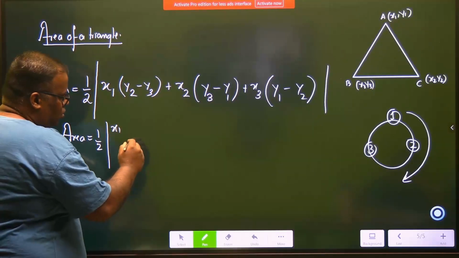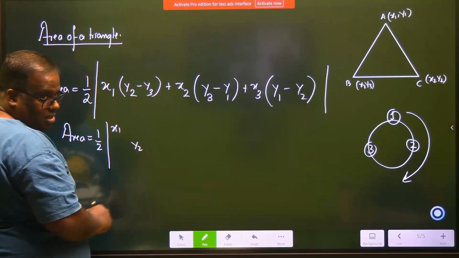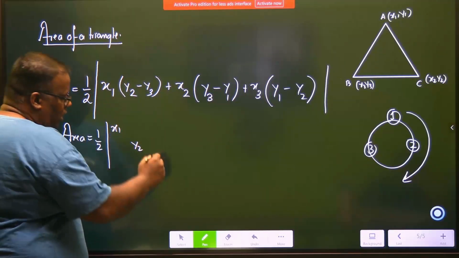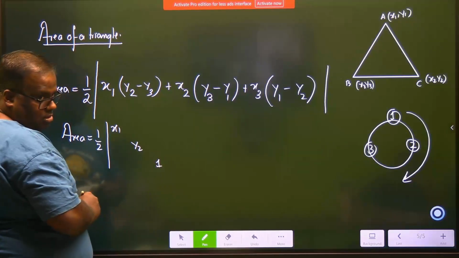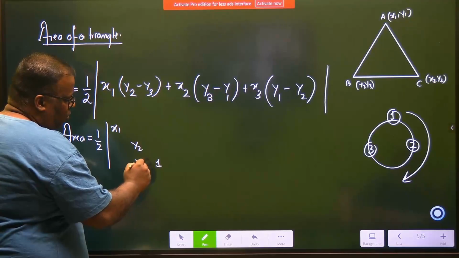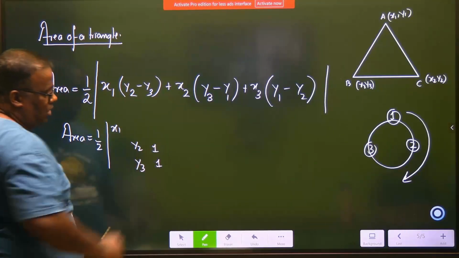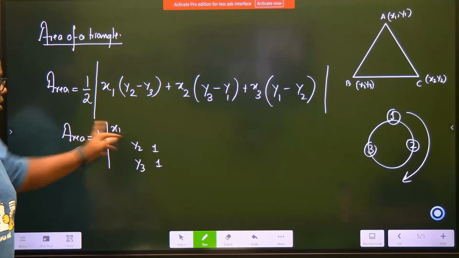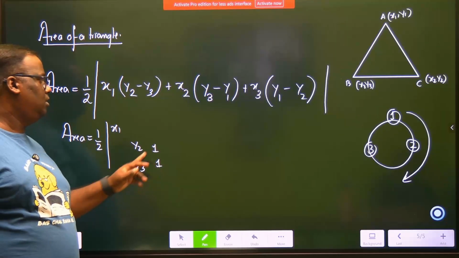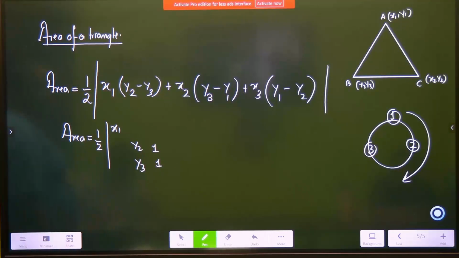So my y2 will be somewhere here. It multiplies the third element, but it's still y2. So I'll put a 1 out here. And I will put a y3 here and I'll put a 1 out here. Just check. x1. Then what do you get? y2, 1, and y3.